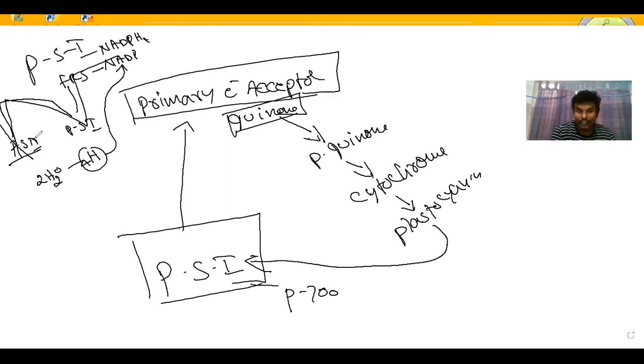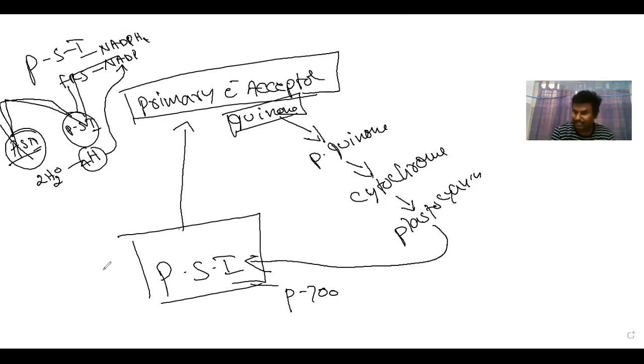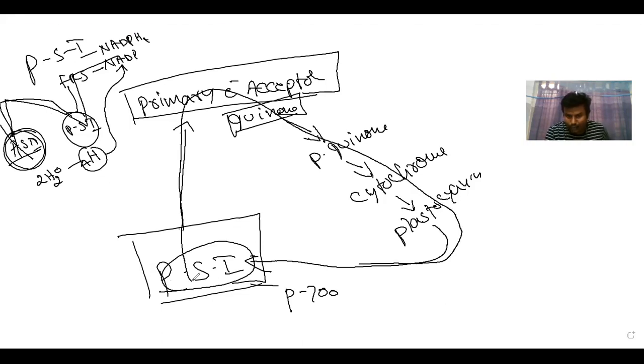In non-cyclic phosphorylation, PS2 and PS1 are involved, but the electrons do not reach the original place. In this one, the electrons are transferred from PS1 to the electron acceptor, and again those reach back to PS1. Electrons are released, and again they come back to their original position.